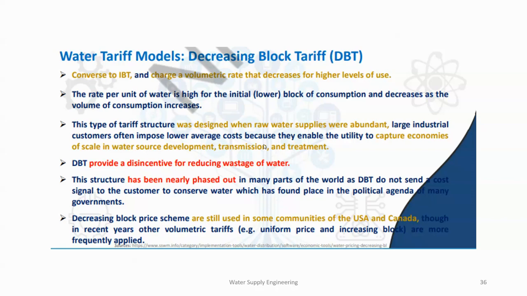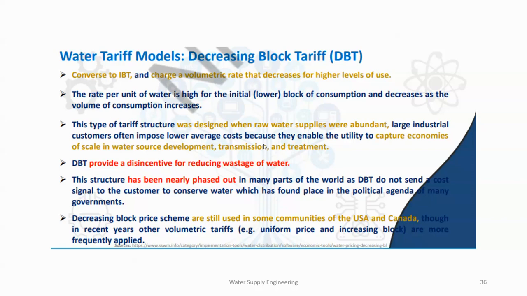So for the first block, the unit price will be much higher than any other block. This we can adopt only when there is an abundant source of supply. And this will provide a disincentive for reducing wastage of water.